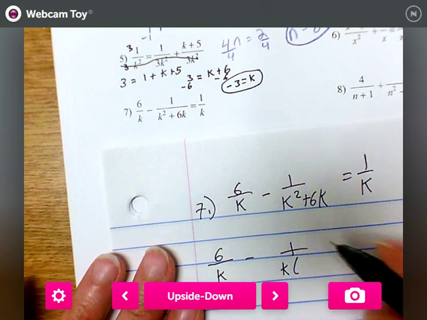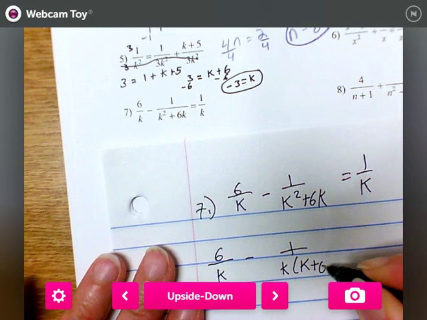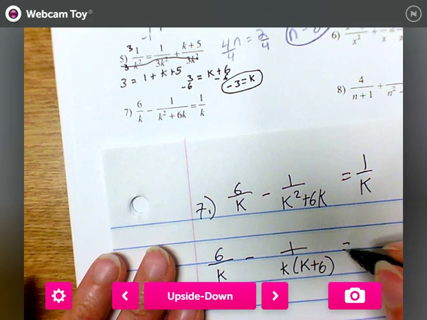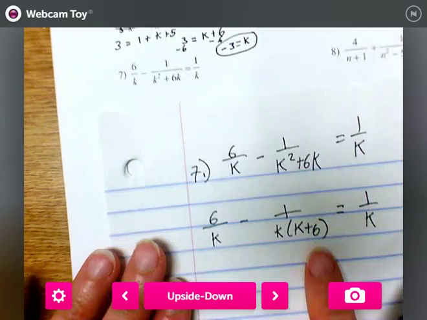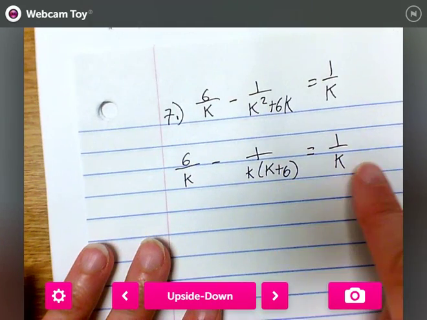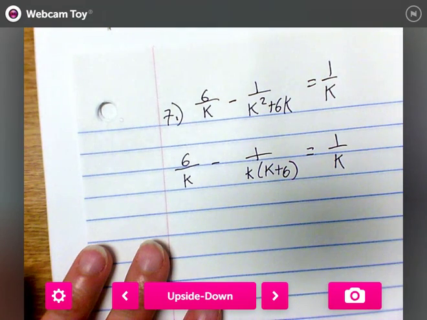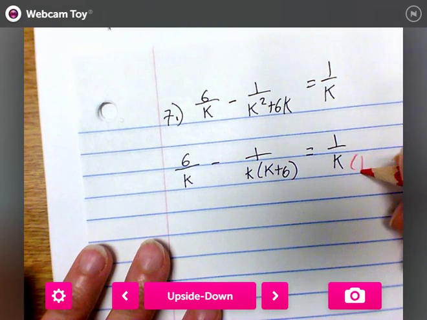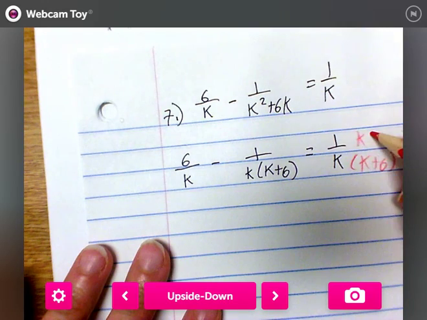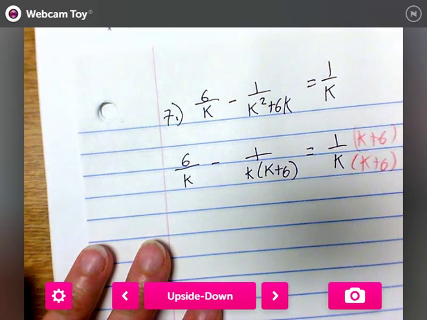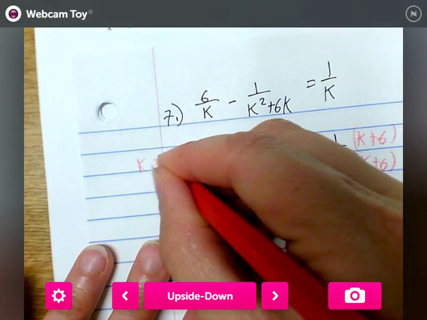So if I take a k out, I get k plus 6. So that means I have to multiply both to the right and left by k plus 6. So here I'm doing k plus 6, the top and bottom. And here I'm doing k plus 6, the top and bottom.